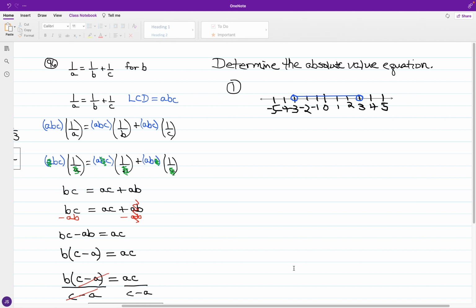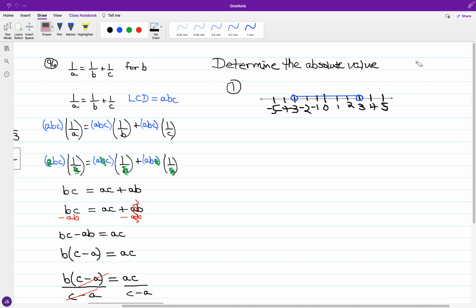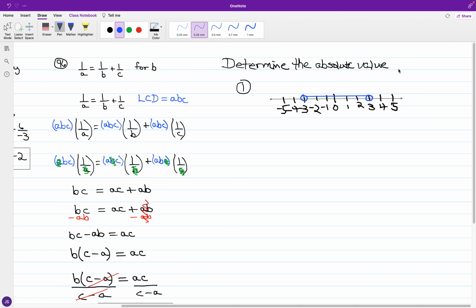For what we have now, I'm looking at expressing the absolute value equation, or I should say, a better way to put this: in a way, I am dealing with an equation, but what I have more in mind is an absolute value inequality.